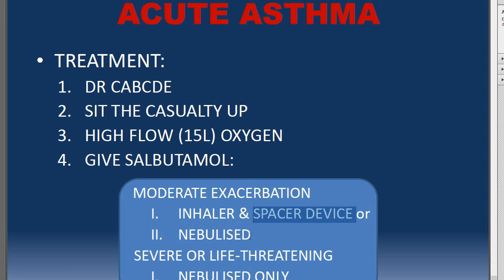Or we use nebulized salbutamol, which hopefully is a skill that you'll need for the CASCare, where you set up with an oxygen cylinder, and it atomizes or vaporizes the liquid salbutamol, so they breathe it in. Always have a low threshold to go for nebulized in an asthma attack.